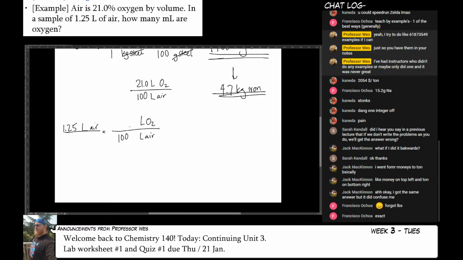We can do the dimensional analysis here. Oh, actually, you know what? Let's do the units first. So liters of air. Now I have liters of O2. But the problem wants us to do milliliters, so we'll just do that. This relationship goes here. And then a milliliter is 10 to the minus 3 liters.